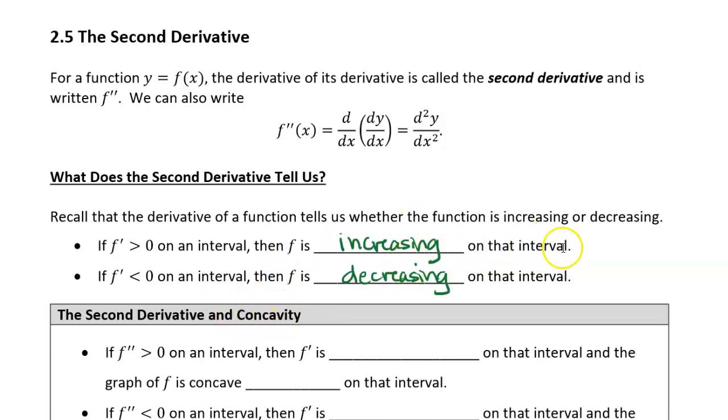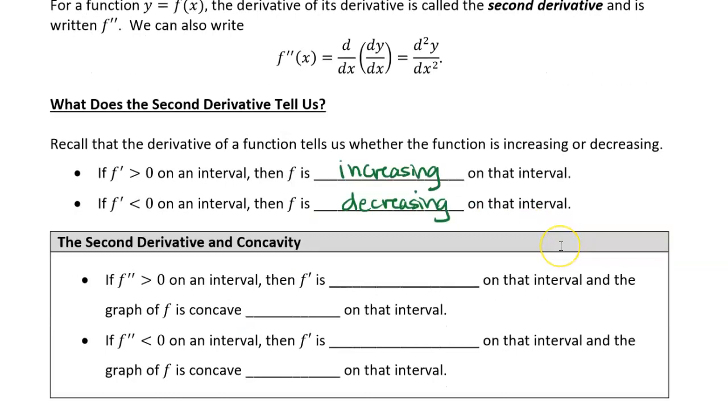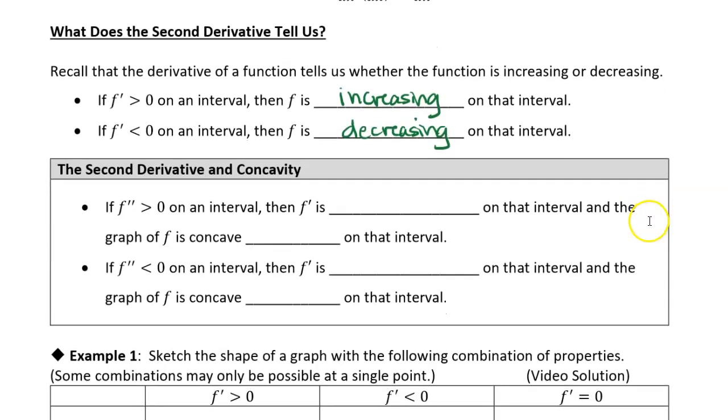So let's look at a similar thing with f double prime. F double prime is the second derivative. So if the second derivative is positive on an interval, remember that the second derivative is the derivative of the derivative. So that means that the derivative is increasing, because the second derivative is the rate of change of the derivative.